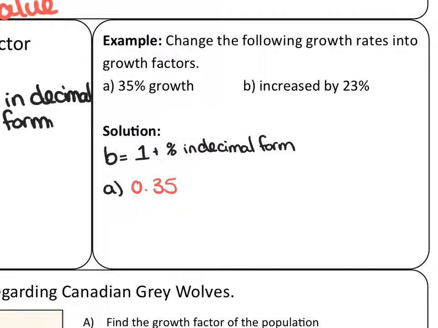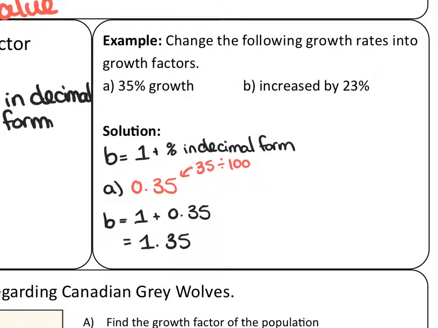If you forget how to do that, it's just 35 divided by 100 and it will give you that value. Once you have that, b is going to be 1 plus that value, 0.35, and so in this case it's 1.35.